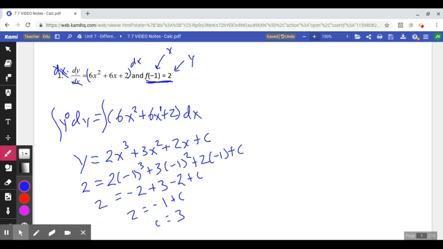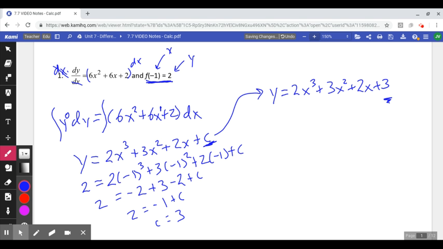So to find the answer to this, that particular solution, we're going to go from the general solution. All we're going to do here is replace the c with what we found it to be. So the c for this one we said was 3. So we'll take that c out right here and replace it with 3.